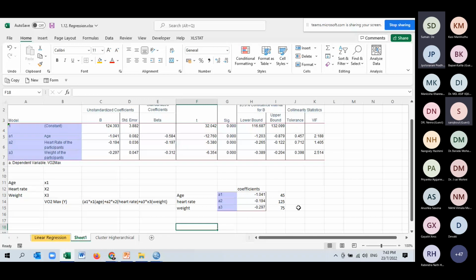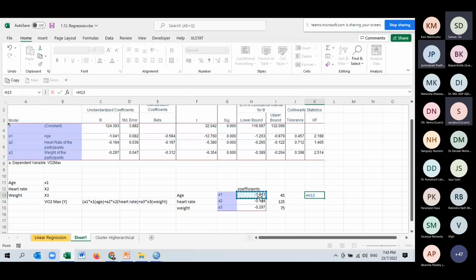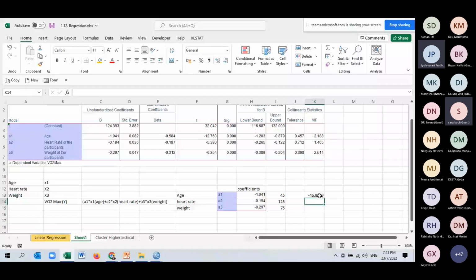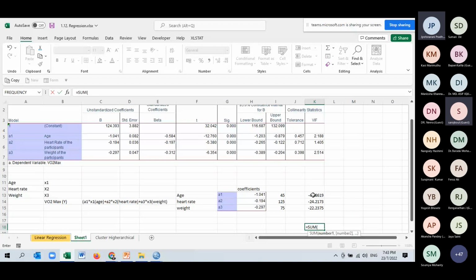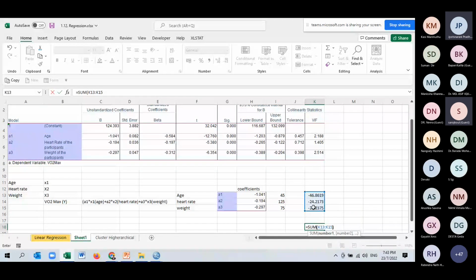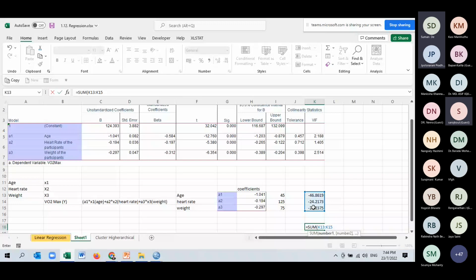Equal to this value multiplied with this value. Select all this, drag down. Now you can sum all this. You'll come to know the candidate's VO2 max. Sorry, we need to add the constant also.